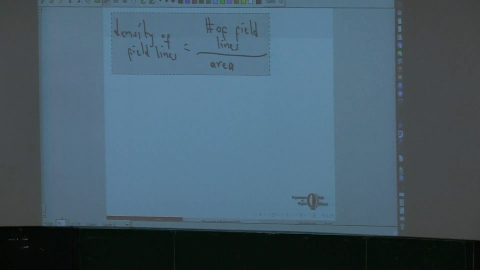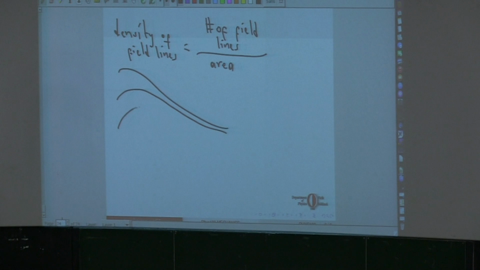So for example, if we have electric field lines that look like this, you can already say that the electric field is strongest in this region, it is weaker in this region, just by looking at these lines.